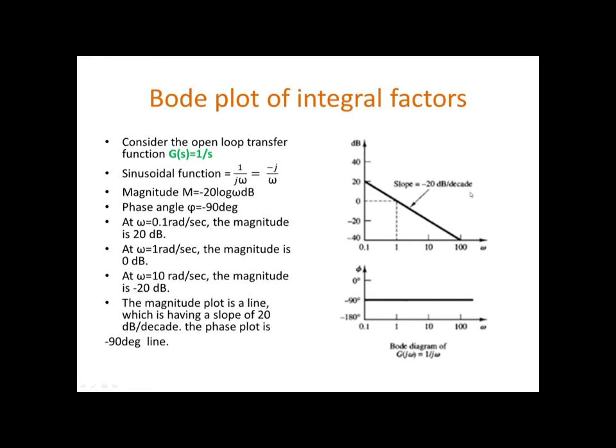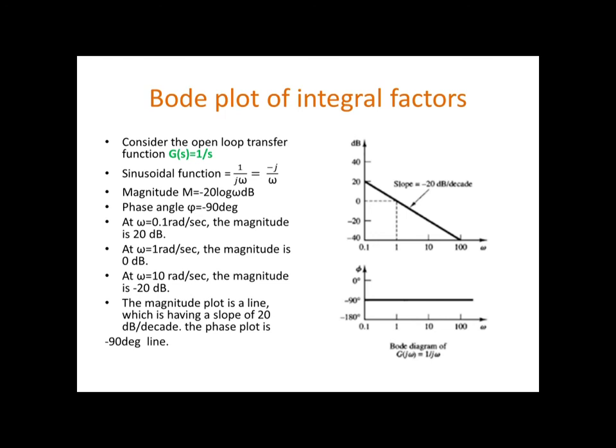The range of frequency from any omega to 10 omega, that means a 10 times increase, which I have said in the earlier slide, is called a decade. So if omega is equal to 1, then the range from omega equal to 1 to omega equal to 10 is a decade.